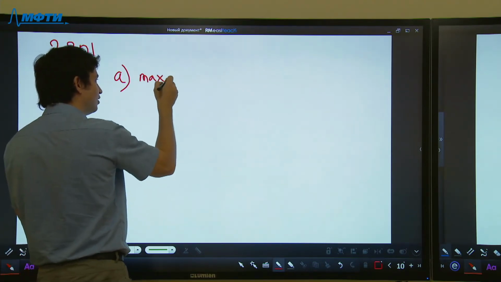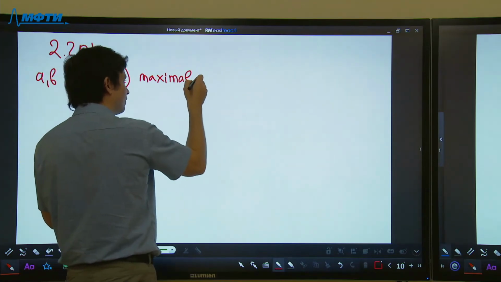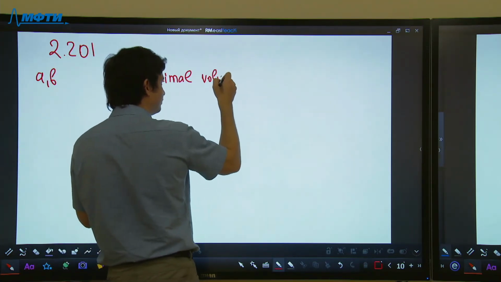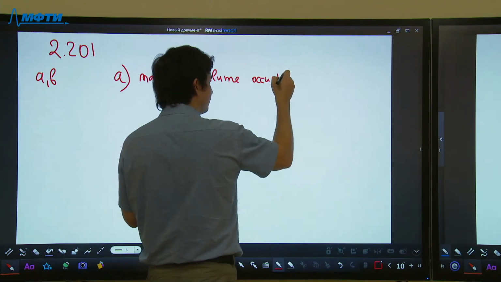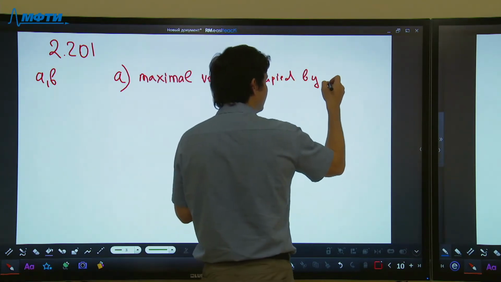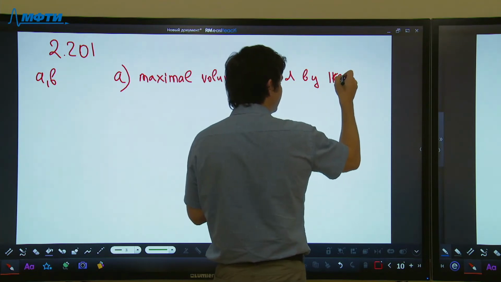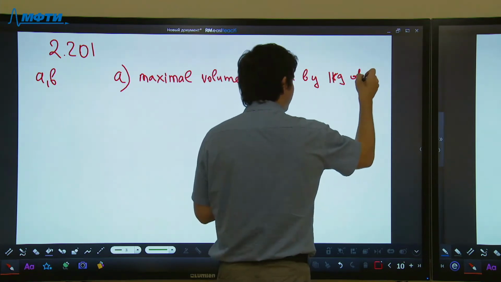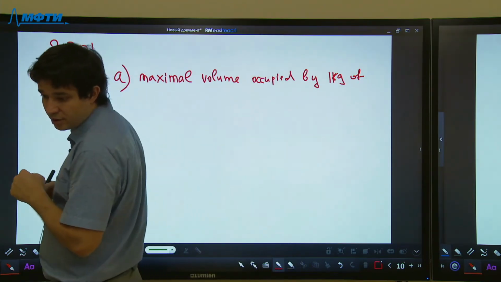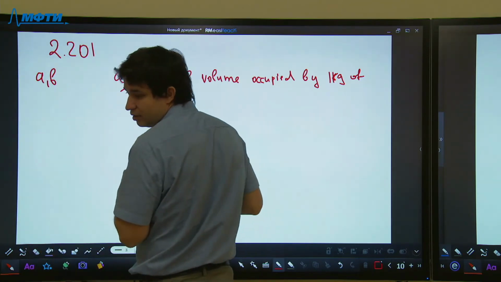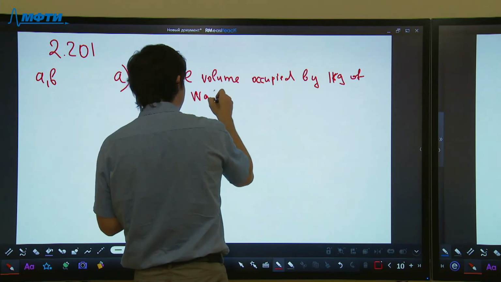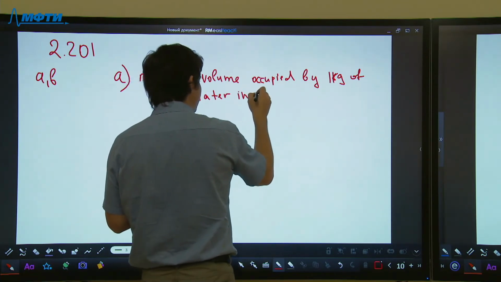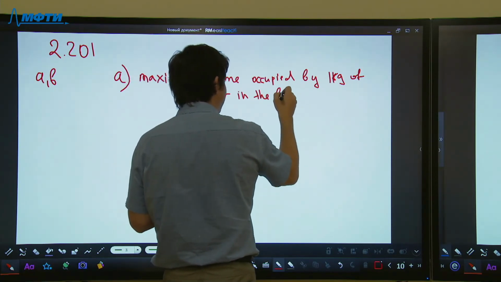Maximum volume occupied by 1 kilogram of water in the liquid phase.